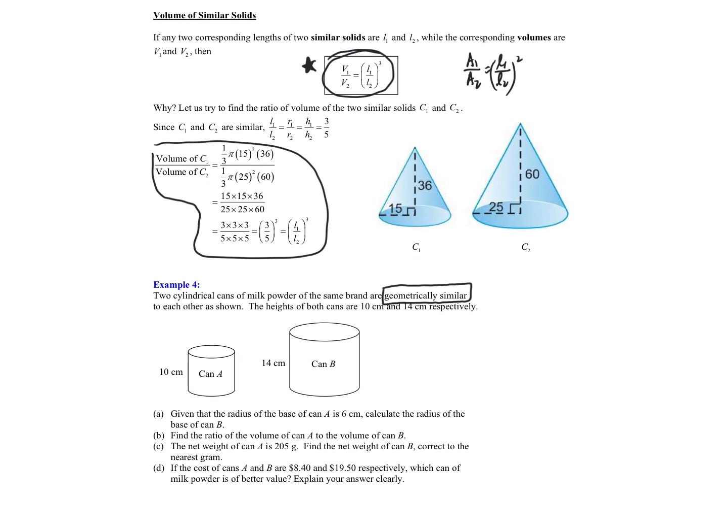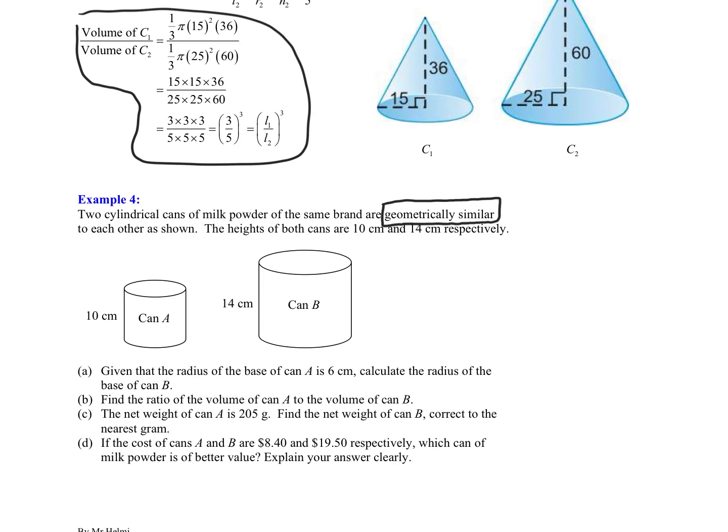Okay, so we look at these two shapes. Two cans of milk powder, geometrically similar. The height is 10. Okay, and then they say the radius of the base of can A is 6. So can you find the radius of can B? In order to do that, I know the ratio of their sides are the same.